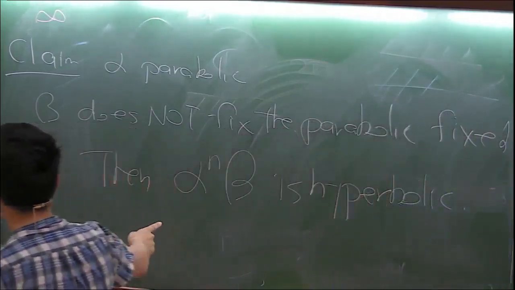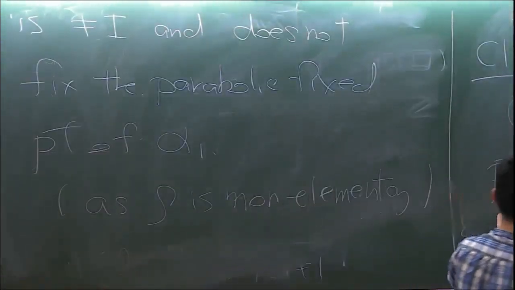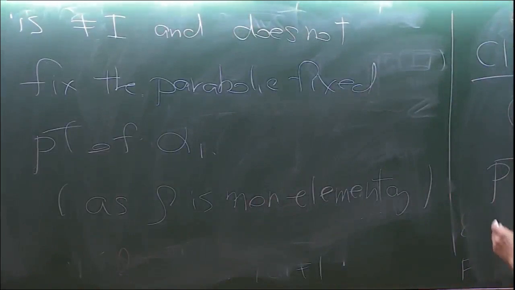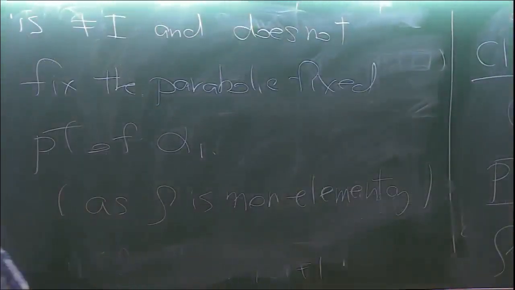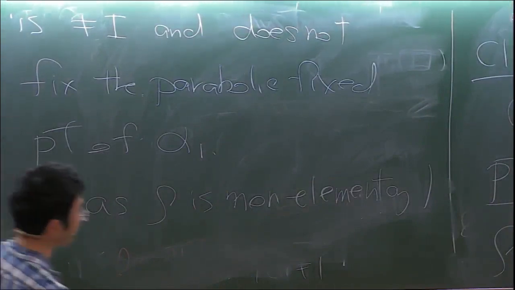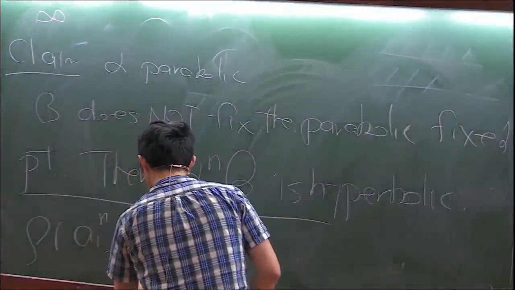And this claim implies that in this setting, rho of A1, and then one of these, let me call it 1, is hyperbolic.